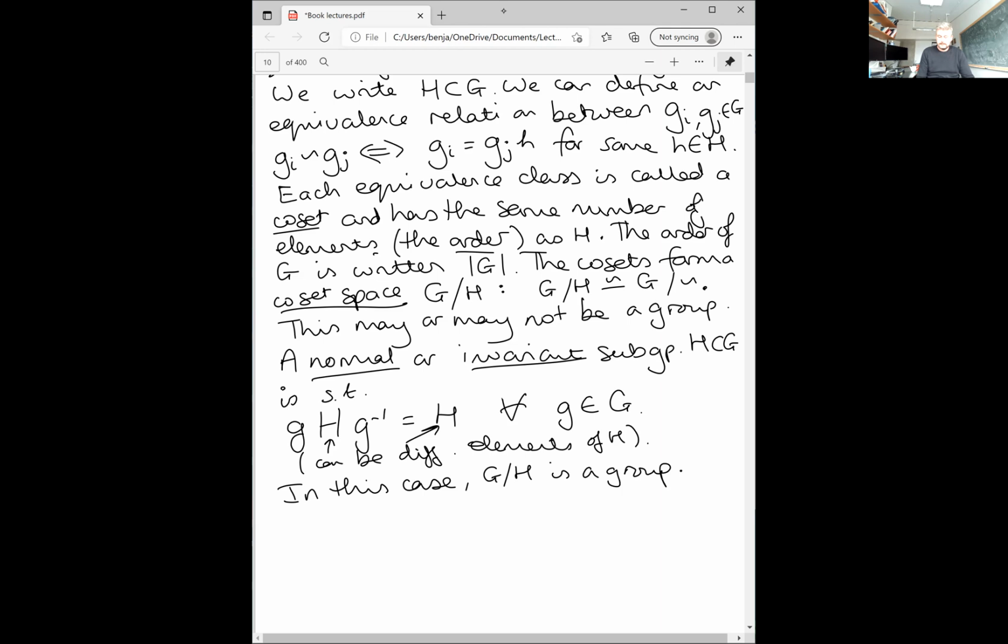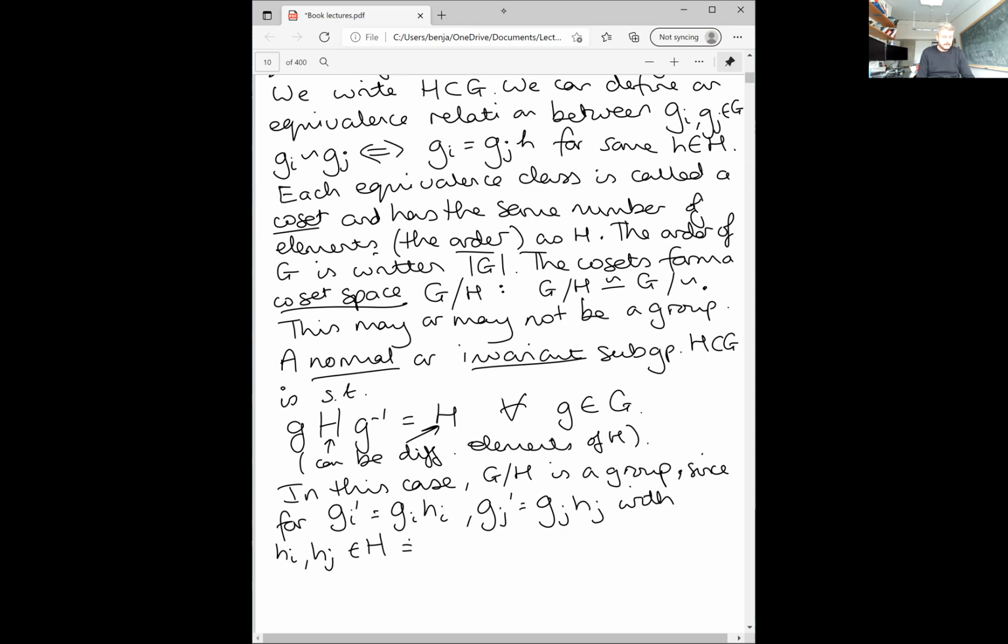So we can see this by the following. Let's take g_i prime, which is g_i h_i, and g_j prime is g_j h_j, with the obvious notation, h_i and h_j are in the subgroup.